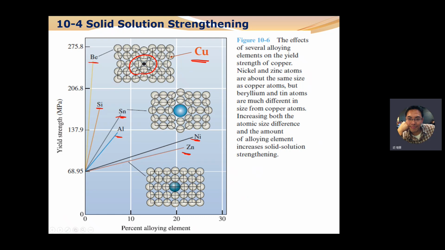There's a substitution atom whose atomic radius is smaller than copper, and there is lattice distortion around it. So if there's an edge dislocation moving, you will hit this lattice distortion. You can think of that.